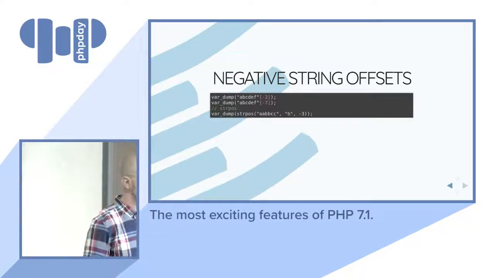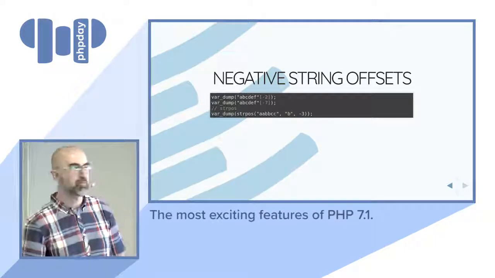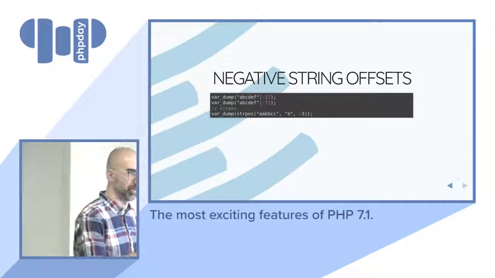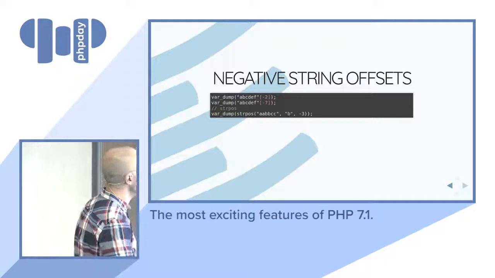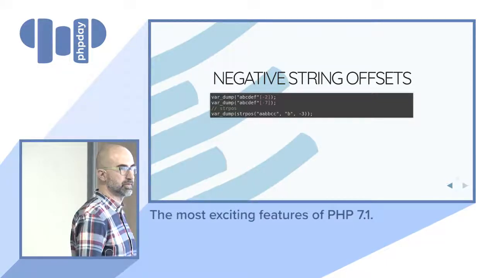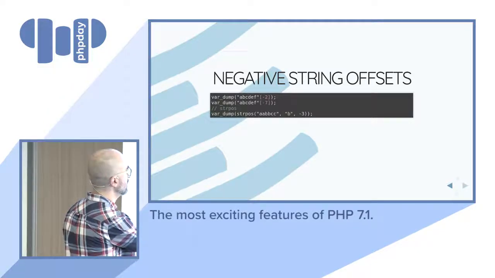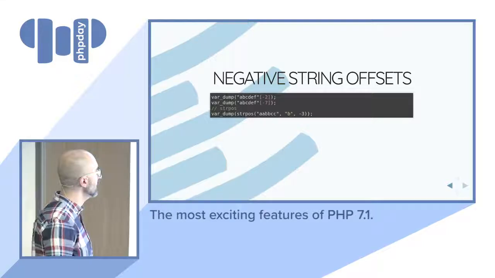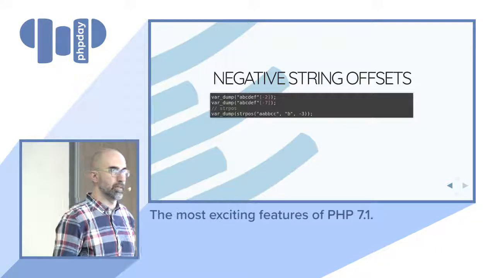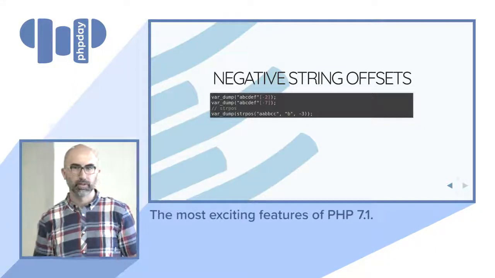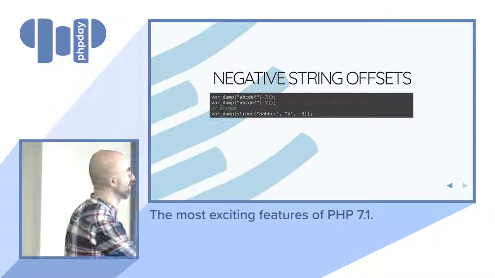Another exciting feature of PHP 7.1 is the negative offset. This is quite nice but can be confusing, so please be careful with this. Basically, you can specify a negative index in an array. Here is an example with a string of 6 characters, A, B, C, D, E, F, and we want to get the -2 element. Anyone want to try to answer: what is the var_dump of this?